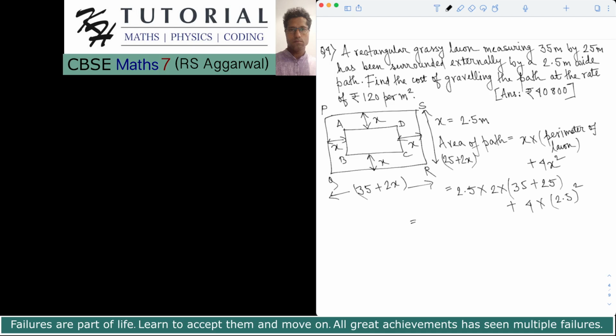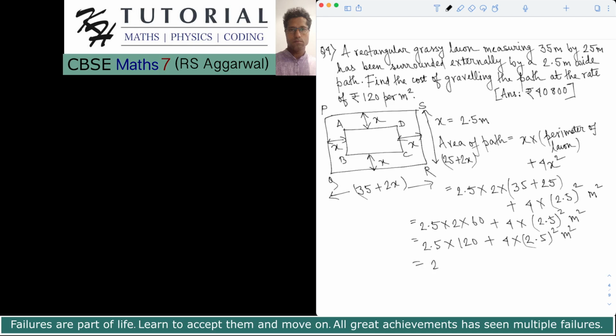This is equal to this much meter square. So this is equal to 2.5 multiplied by 2 multiplied by 35 plus 25, which is 60, plus 4 multiplied by 2.5 square meter square. So this is equal to 2.5 multiplied by 120 plus 4 multiplied by 2.5 square.